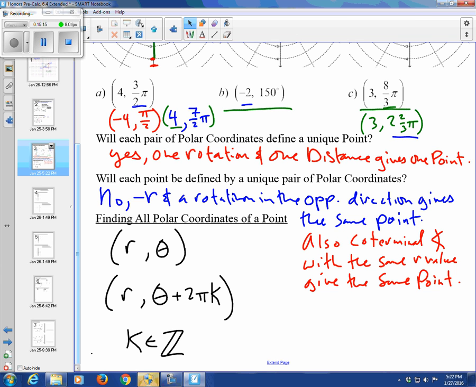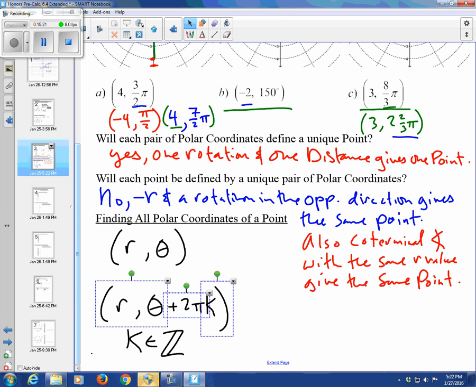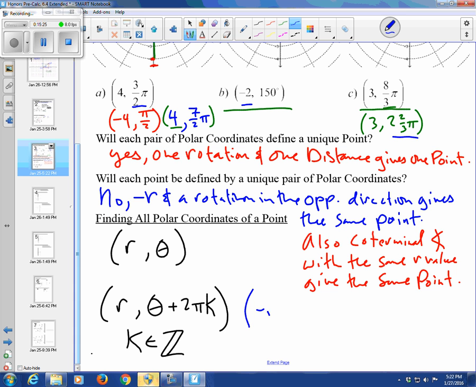Similarly, we could say that if we had a negative r, a rotation in the opposite direction, which would differ by pi radians, would take us to the same point, and any coterminal angle to this angle with the negative r value would also take us to the same point.